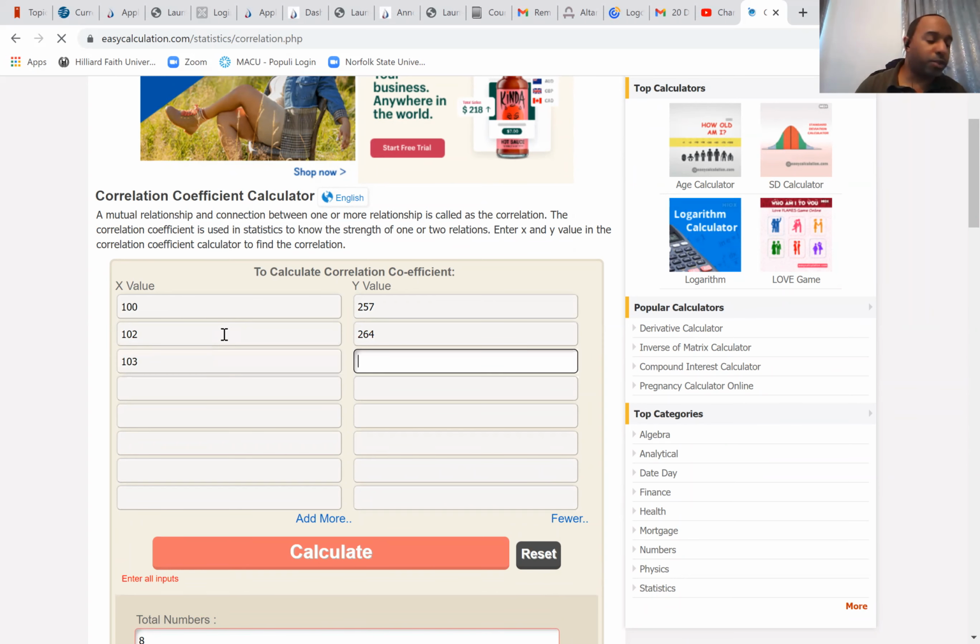When you do these, make sure you double check, because if you miss one digit or change one digit, it will change the value of your correlation coefficient. So you do have to make sure that you do everything properly, double check.